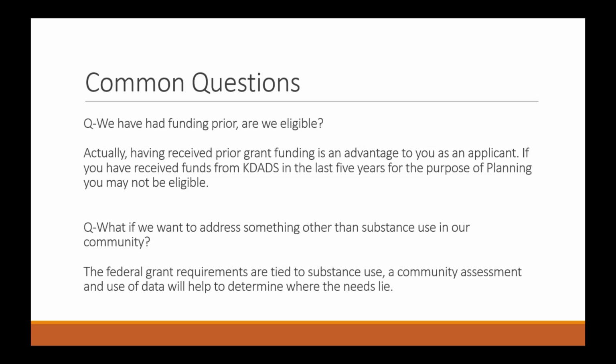And then once we get the data and we evaluate the data, we see that maybe marijuana is not as high of an issue as maybe something else. I'm not saying that you wouldn't be able to address marijuana, but that the purpose is to be able to use that data to find out for sure what it is. And so the data will kind of determine some of those factors.